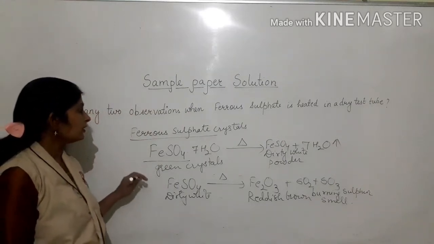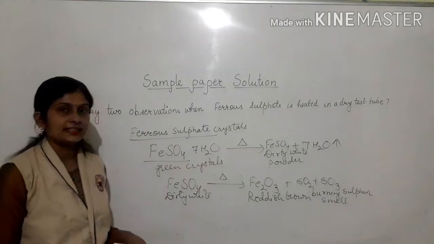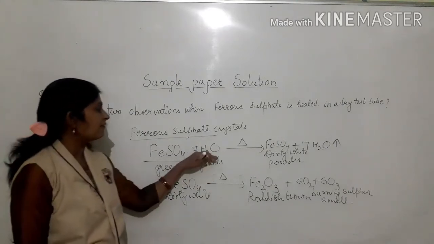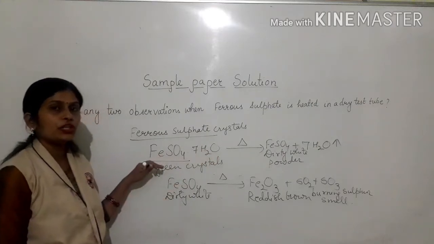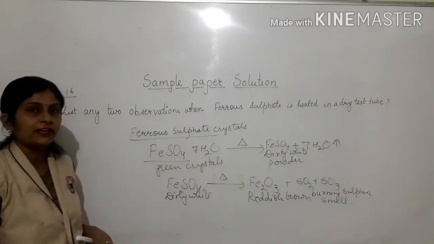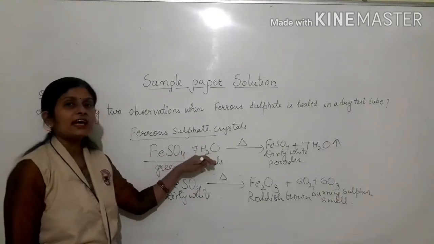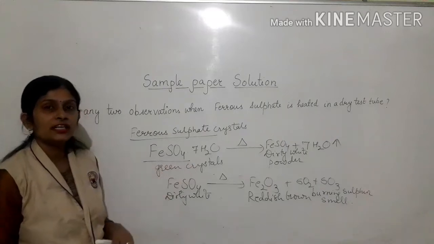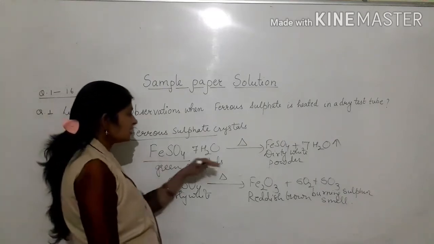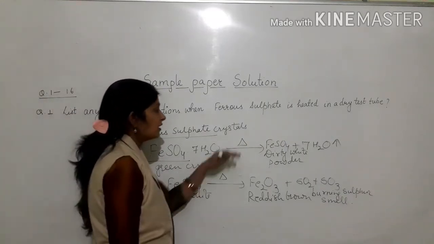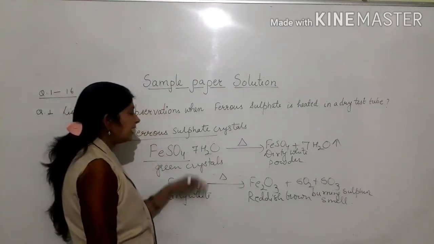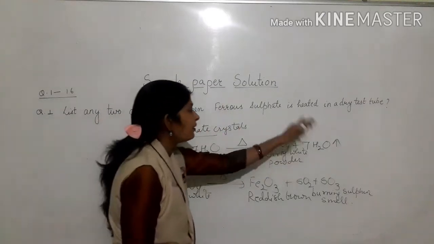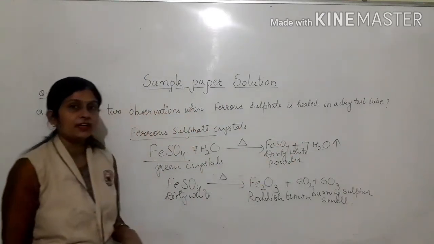Now, we know that ferrous sulfate crystals, FeSO4.7H2O. Here, 7 water of crystallization are associated with one molecule of ferrous sulfate. Due to these 7 water of crystallization, it has green color and crystalline shape. When these ferrous sulfate crystals are strongly heated, then 7 water of crystallization get evaporated, leaving behind ferrous sulfate.